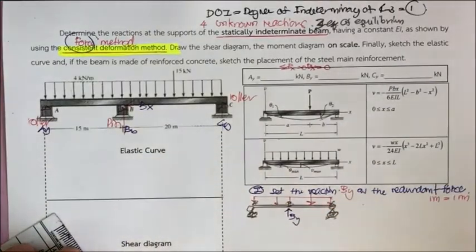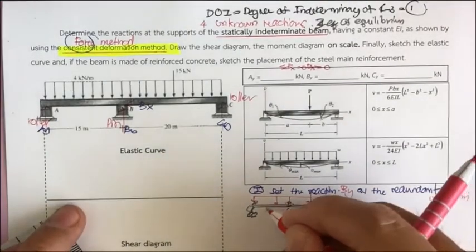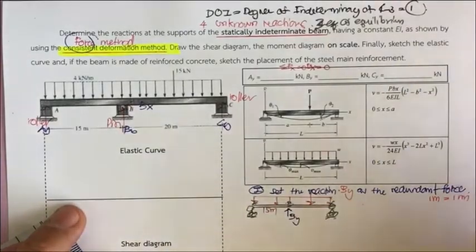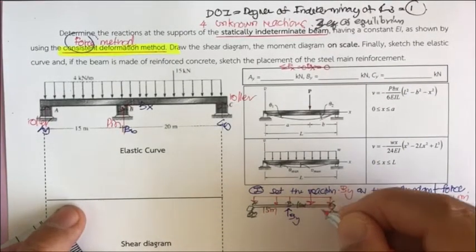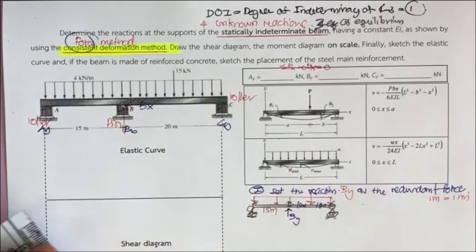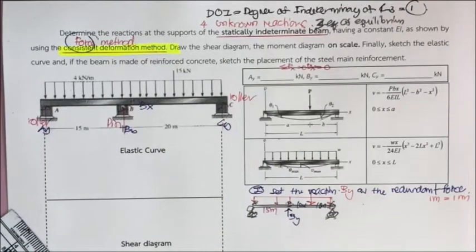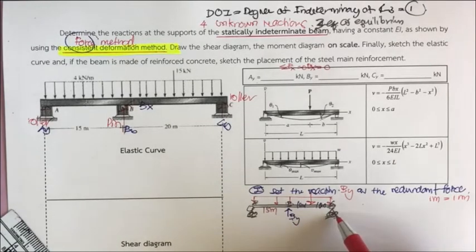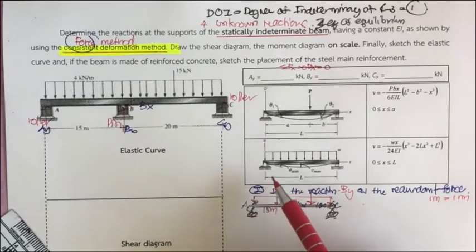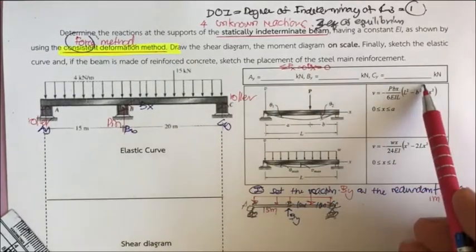Also this one is 15 meters, this one is 10 meters, and this one is 10 meters. This beam has B sub Y as the redundant. If we know B sub Y, you can determine the reactions at C sub Y and at A sub Y.